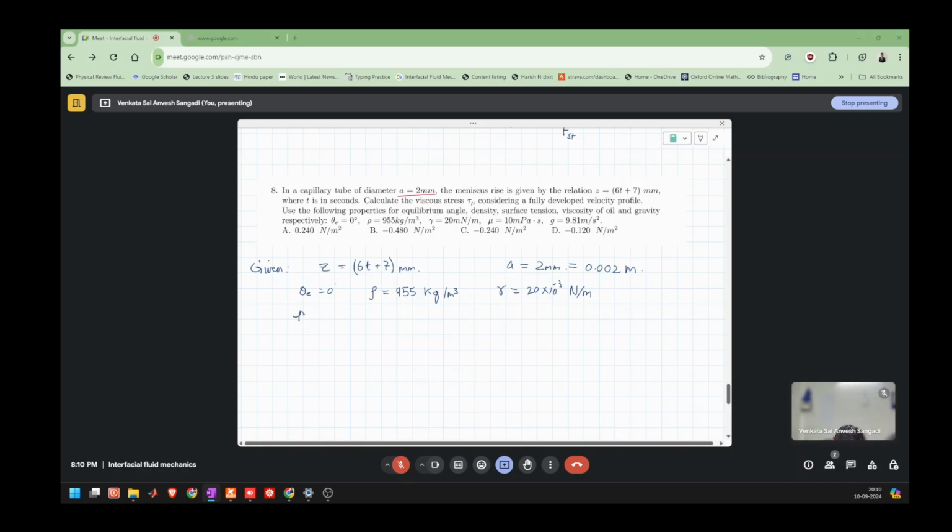We have viscosity equal to 10 into 10 power minus 3 Pascal second, and g equal to 9.81 meter per second square. So we are asked to find the viscous stress, tau mu.